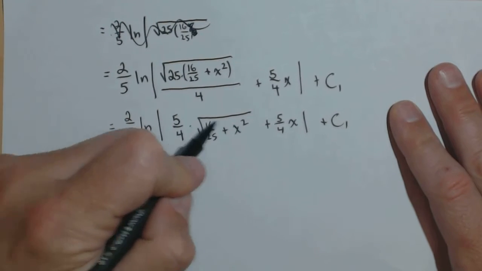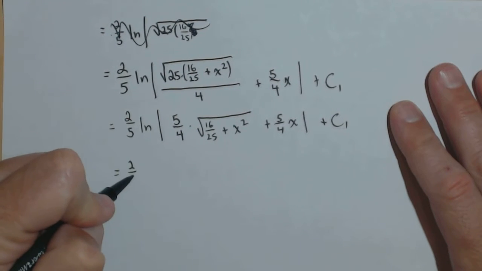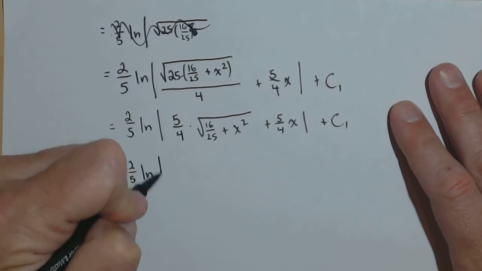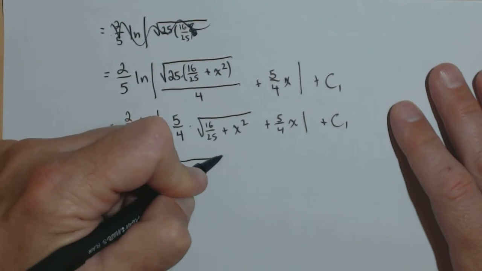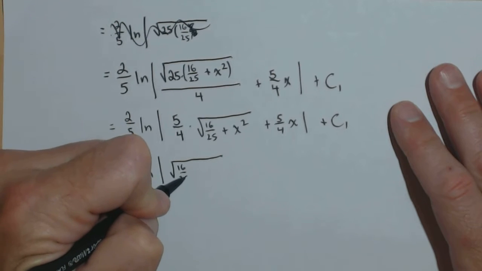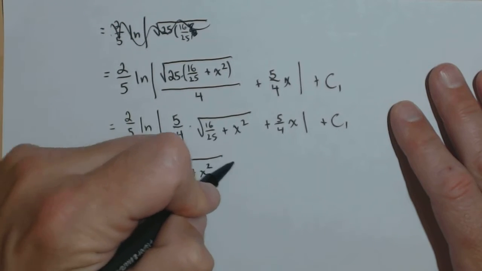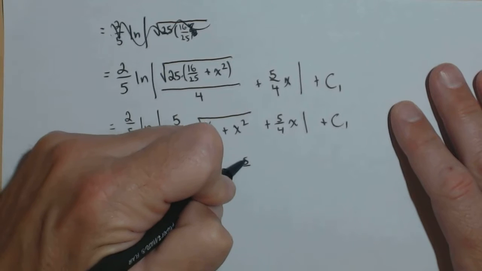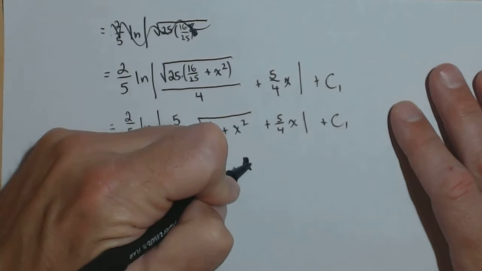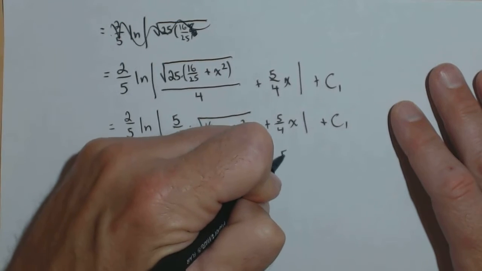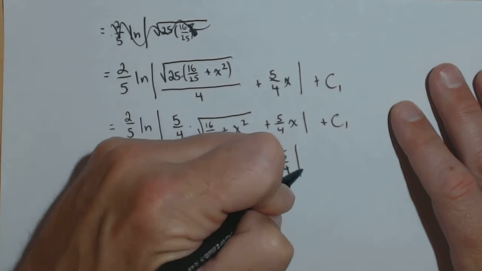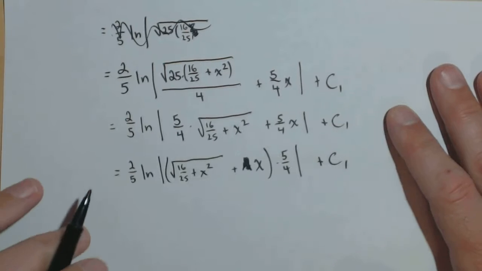Now, notice I've got a 5/4 in each term. So 2/5 natural log, I'm going to rewrite this as square root of 16 over 25 plus x squared plus x, and those get multiplied by the 5/4 plus c1.